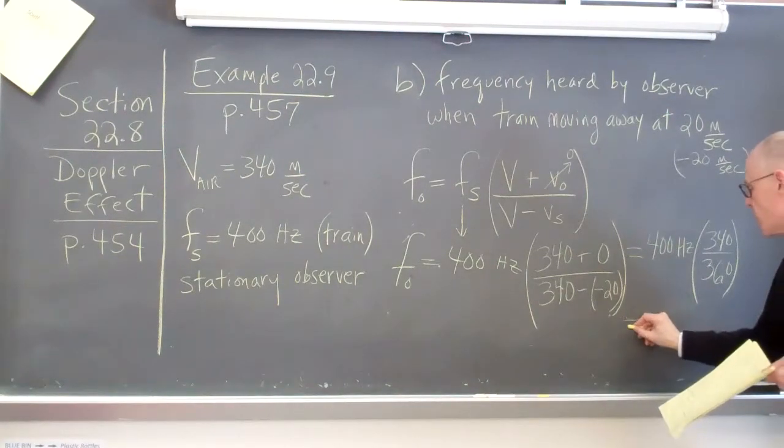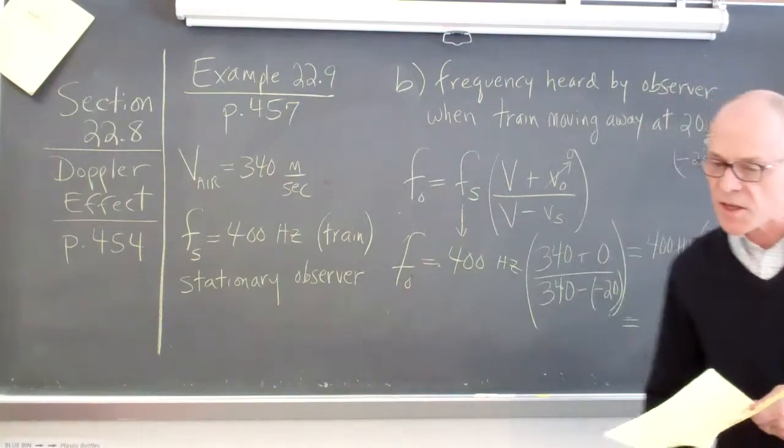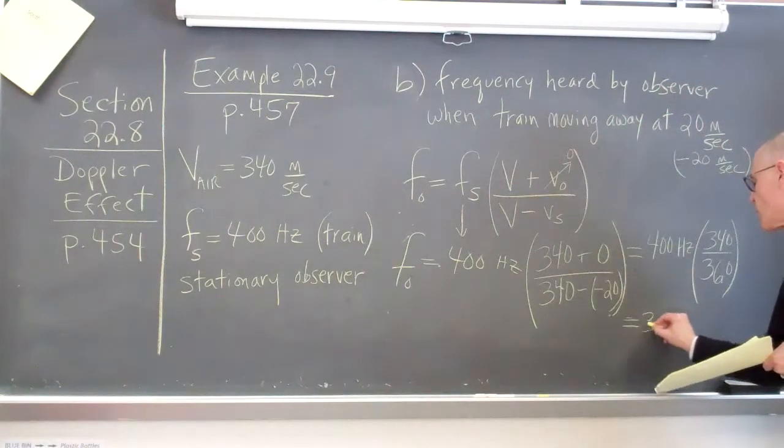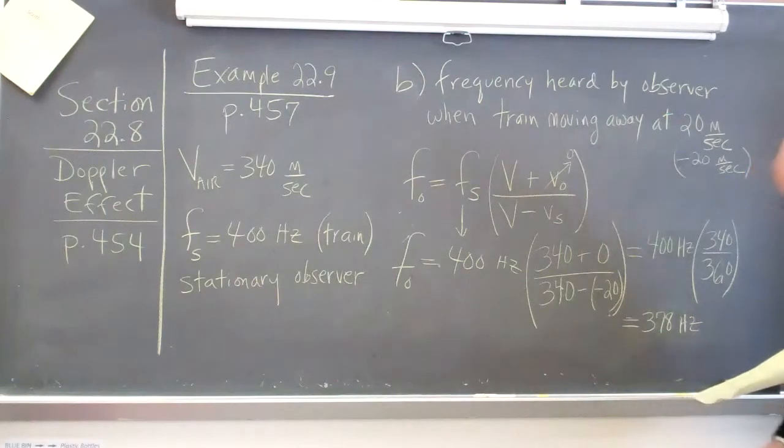And when you do that calculation, you now get 378. And again, that number does make sense because in a moving away situation, the frequency heard by the observer would be less than the frequency of the source.